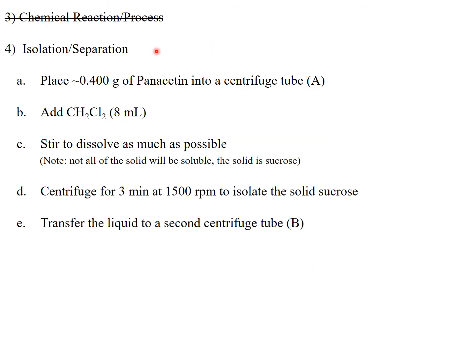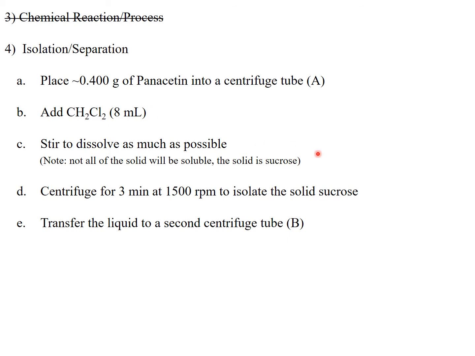So here are the first steps. I'm going to take 0.400 grams of panacetin and place it into centrifuge tube A. I'm then going to add 8 milliliters of methylene chloride, and 2 of the compounds will dissolve, my aspirin and my unknown.